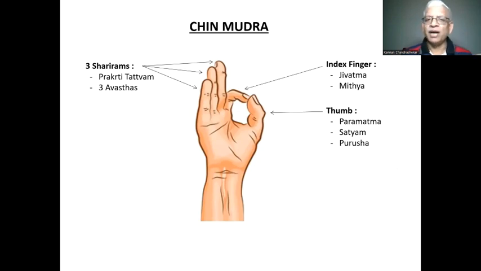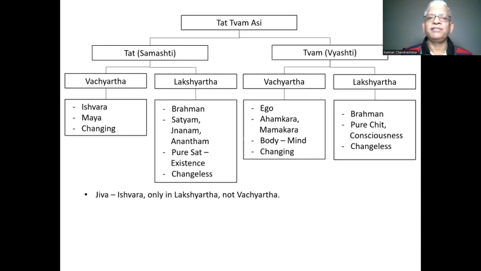That is the Chin Mudra, which Dakshinamurti Stotram explains represents Aikyam, oneness between the Lord and the Jiva. How is this Tattvamasi explaining this oneness is what I'm going to describe with this chart today. And then we will meditate for 10 minutes with the background of this knowledge.